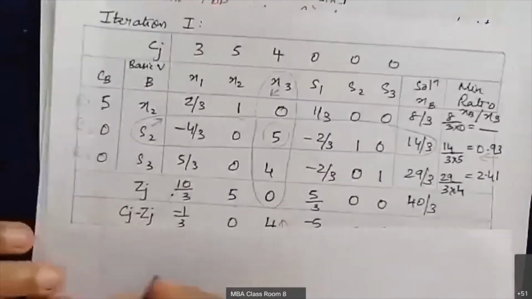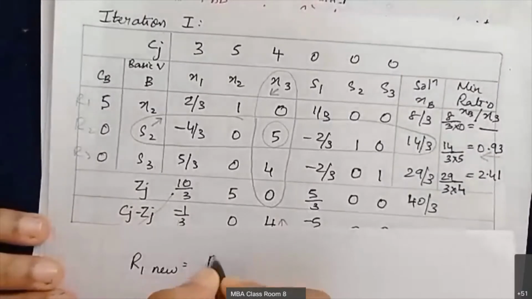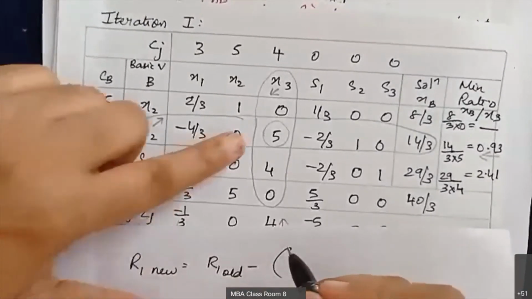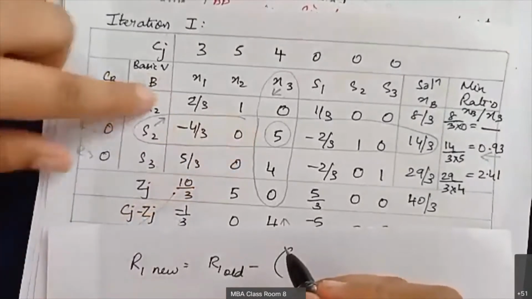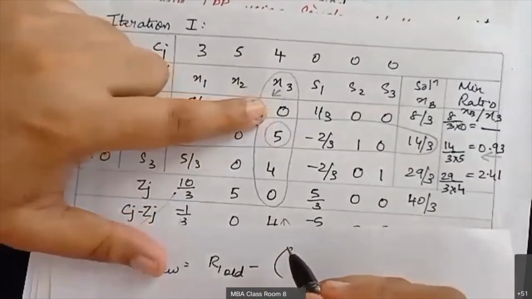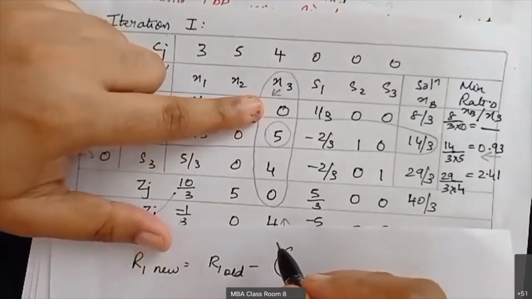How do we change R1? Tell me the steps. R1 new is equal to R1 old minus number above or below the key element. We are considering row 1. Which is the element? Check this table and tell me.